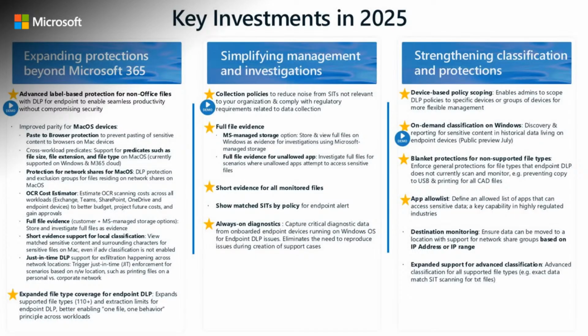And it enables the one file, one behavior principle across workloads. This is really important because it expands the number of files that we used to support for Endpoint DLP from close to 40 file types to more than 110 file types now, which we can break open and scan.